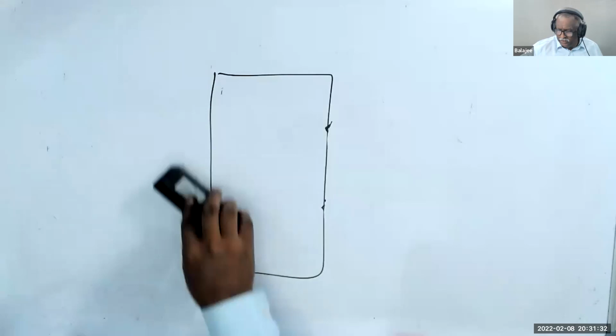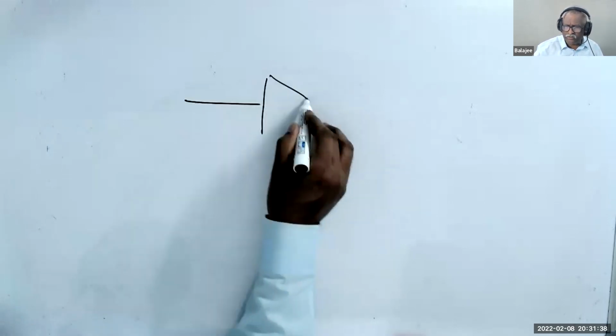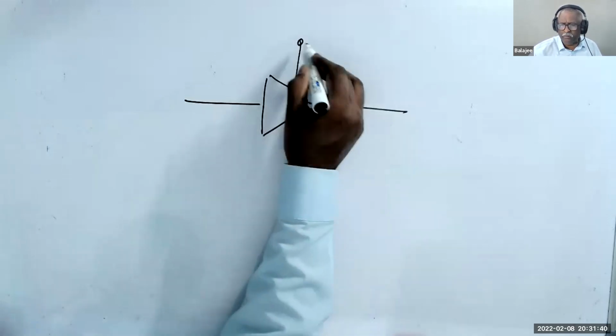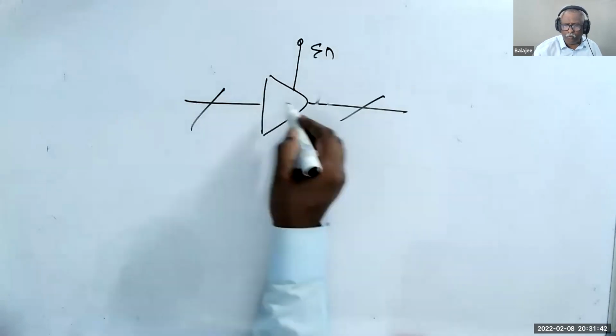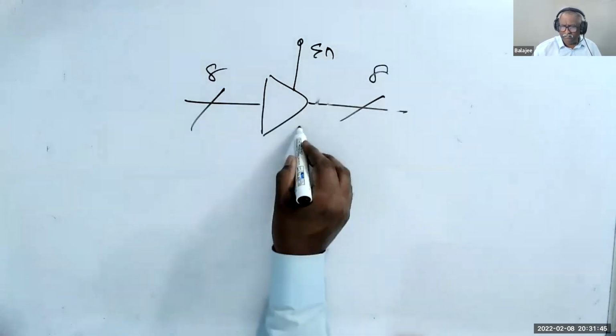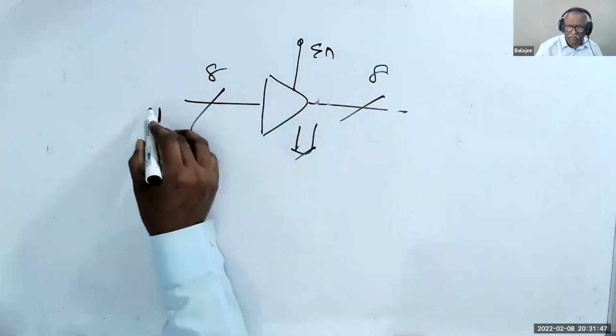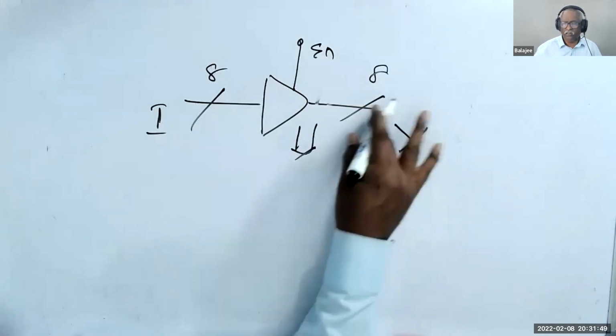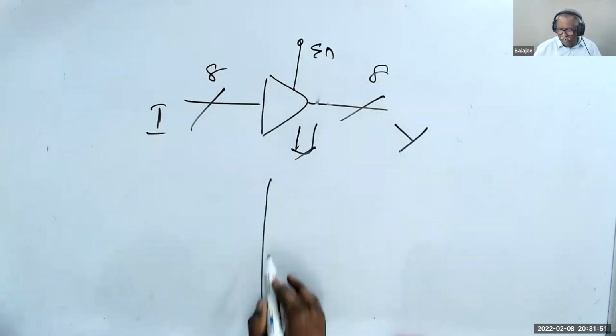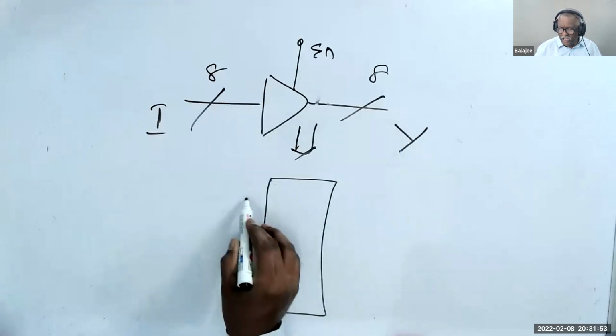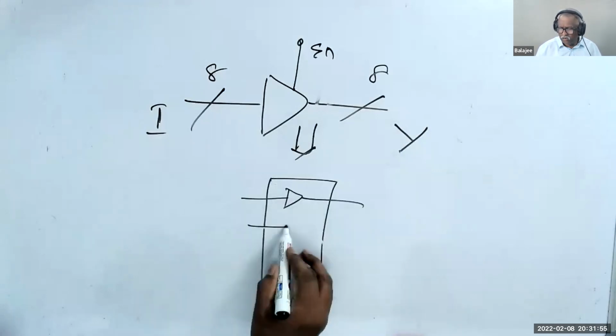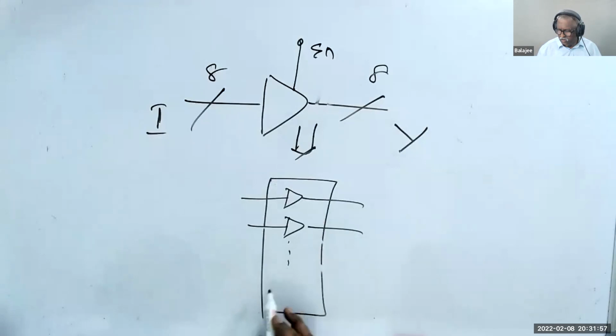So what we do here is we draw the tri-state like this, with an enable. And we can have any number of inputs, 8 and 8. For example, if this is I, this is Y. That means that internally, I have 8 tri-states.